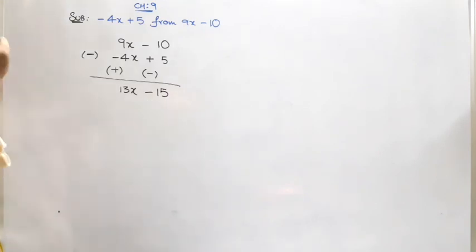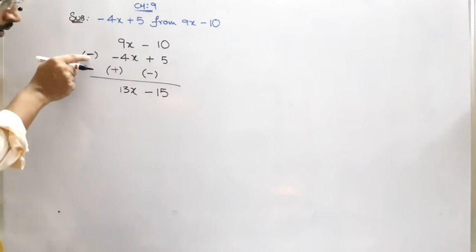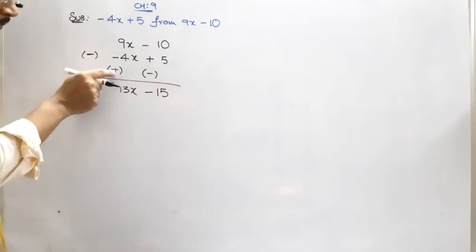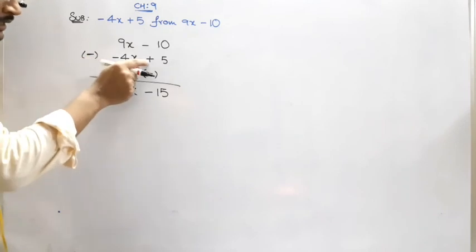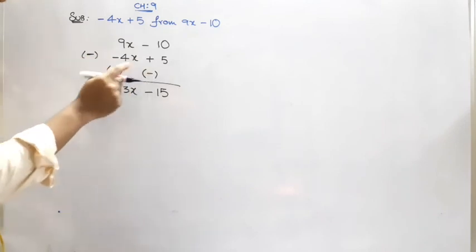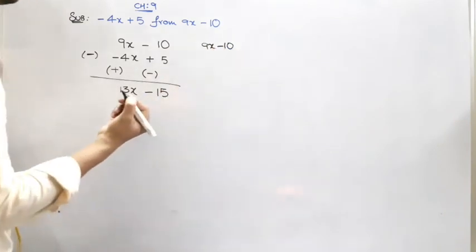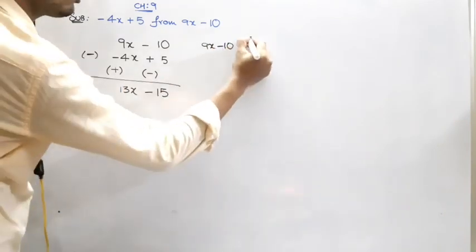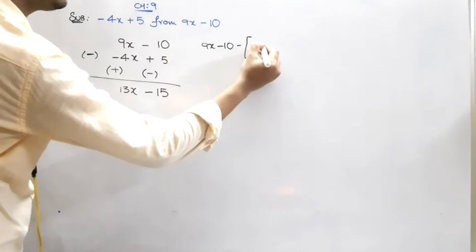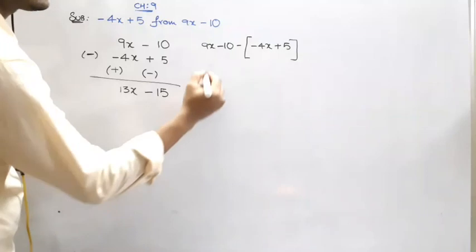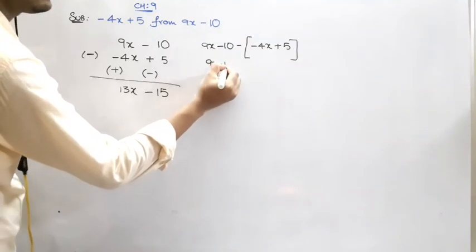Or else, if you have any confusion, look. Minus into minus is plus. Minus into plus is minus. Okay, look. So 9x minus 10, as we have to do subtraction, minus of minus 4x plus 5, isn't it? So 9x minus 10.